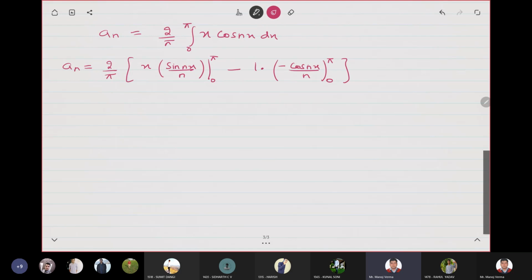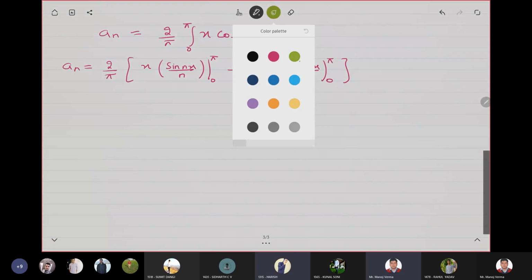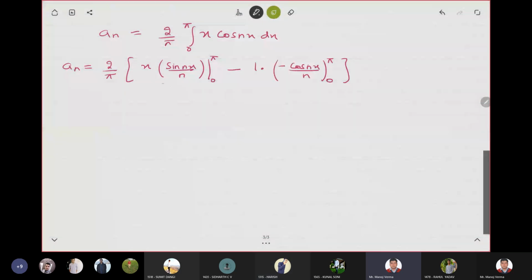So you can see that this first term will become 0 at pi and 0, because sine is equal to 0 at both pi and 0.